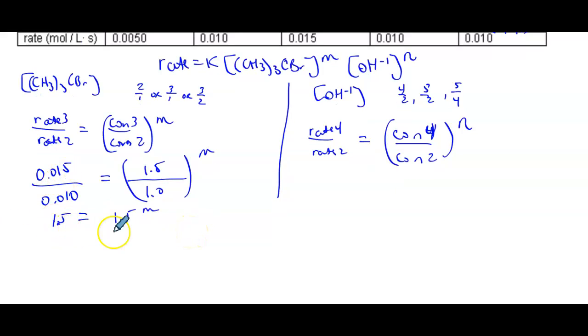We forgot to do the ln of that first. The ln of 1.5 equals the ln of 1.5 to the m. And just for purposes of showing you that it'll work out okay, I'm going to go ahead and plug it into my calculator, although I think most of you can already see what that's going to give us.